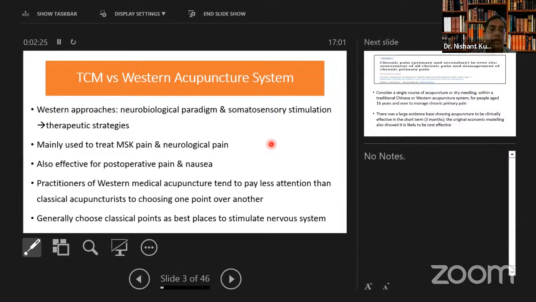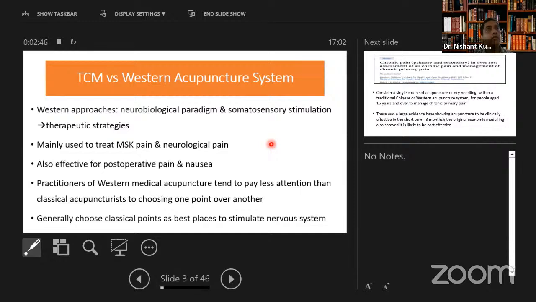Basically, we don't pay much attention to which point to use depending on yin or yang, or whether there is an excess of chi or a deficiency of chi. We don't go about diagnosing through TCM.